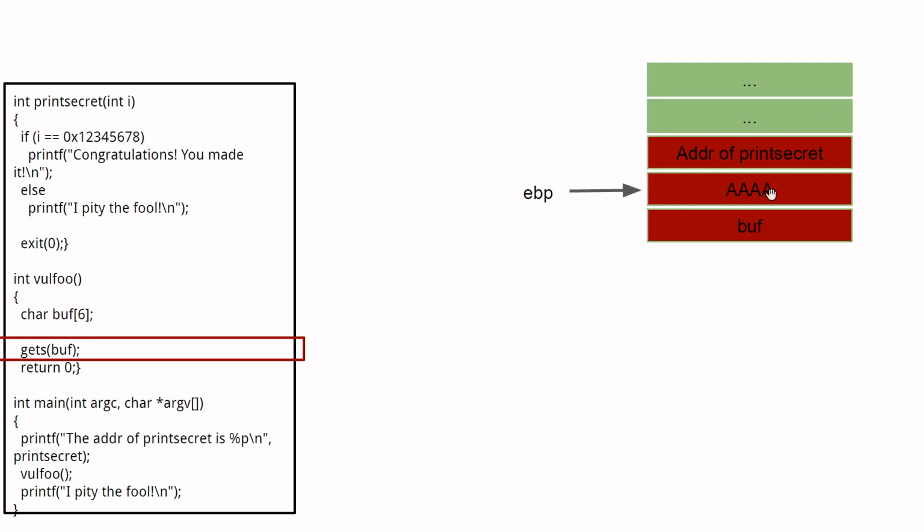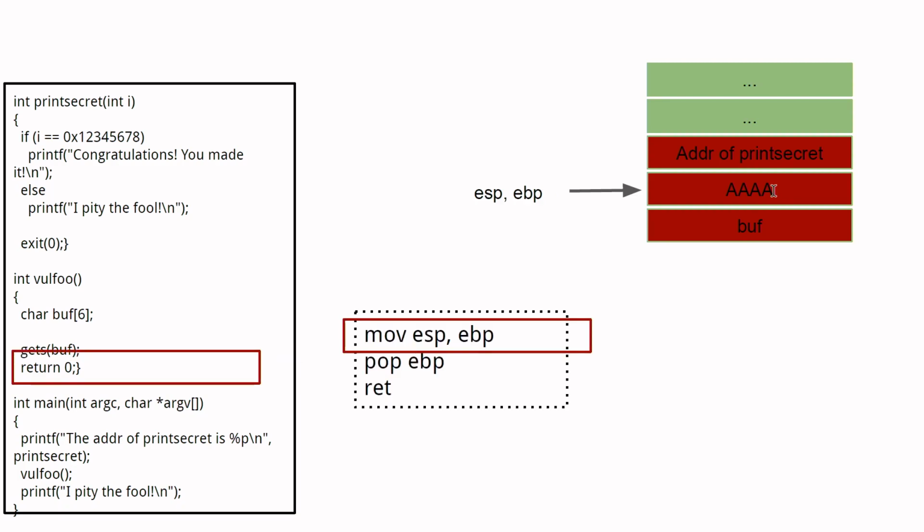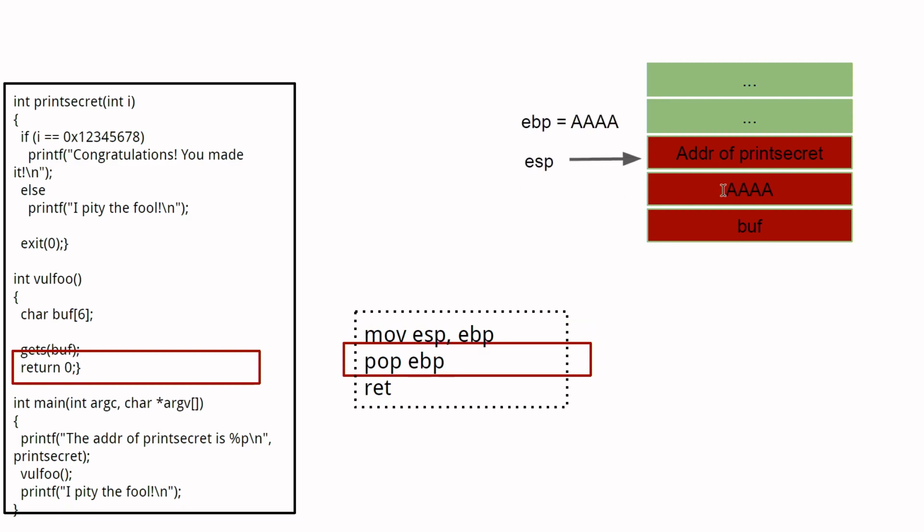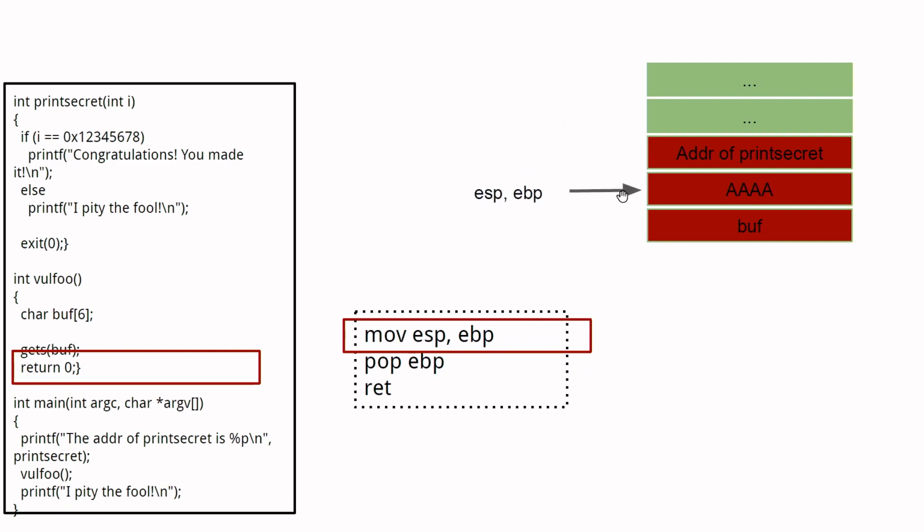We put 4 A's here. Then let's see how that 4 A's will be used here, okay? So now when we return, what we'll do is move EBP to ESP, then both EBP, ESP point to those 4 letters, A's. Then we pop EBP, which means whatever ESP points to will go to EBP.